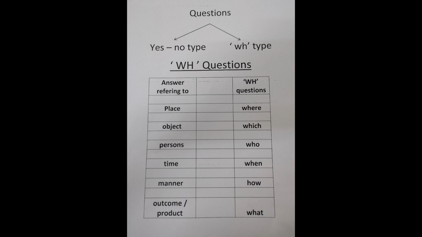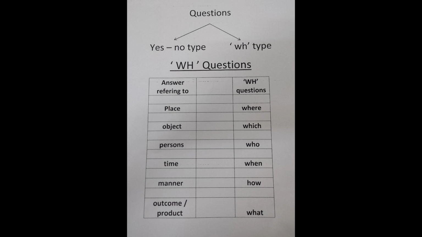For example, the question, do you like Mr. Sathe as a teacher? The only answer expected is either yes or no. So this is called a yes-no type of question.